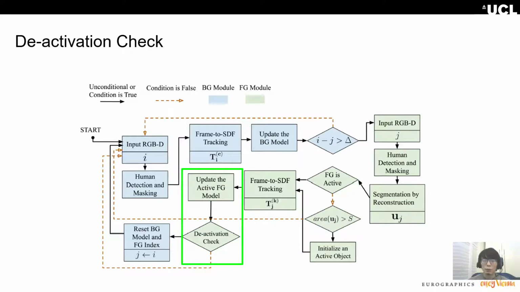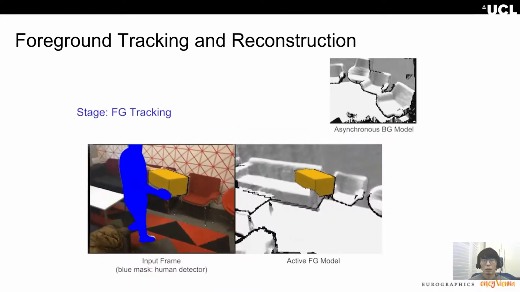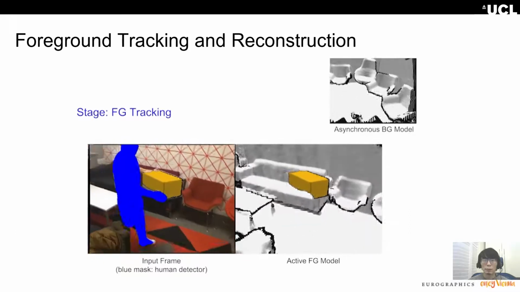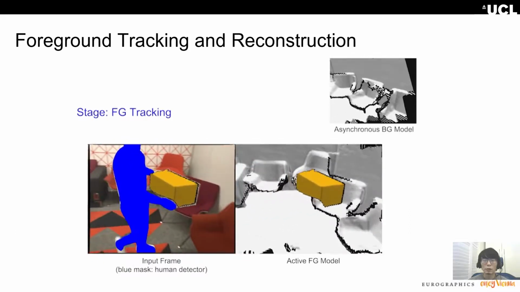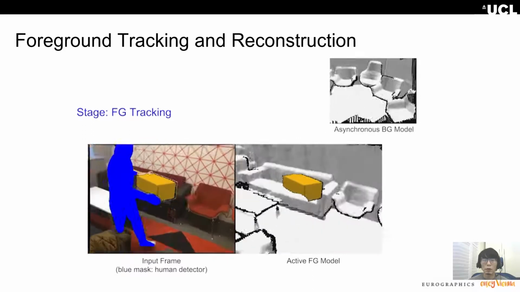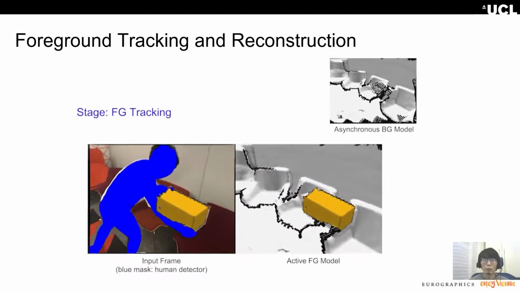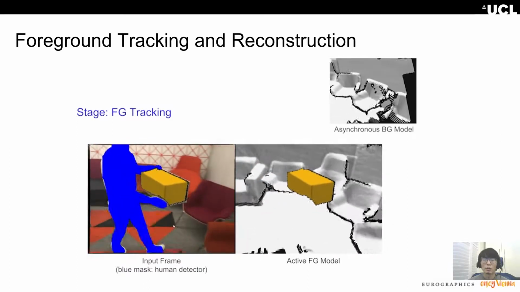If this happens, we will deactivate the foreground tracking and remove the model. Now let's see a demo at runtime. In this example, our system robustly detects the foreground object and tracks and reconstructs the foreground model without any segmentation information.